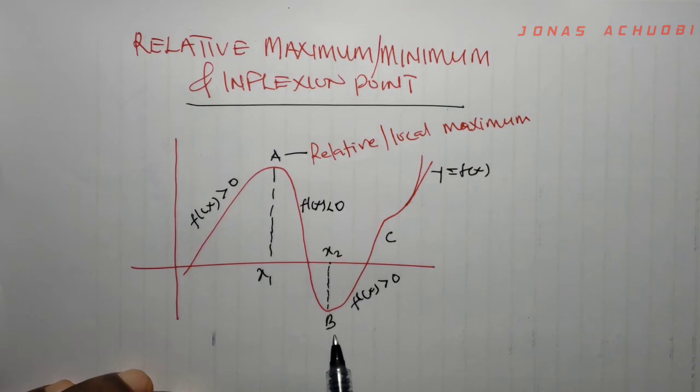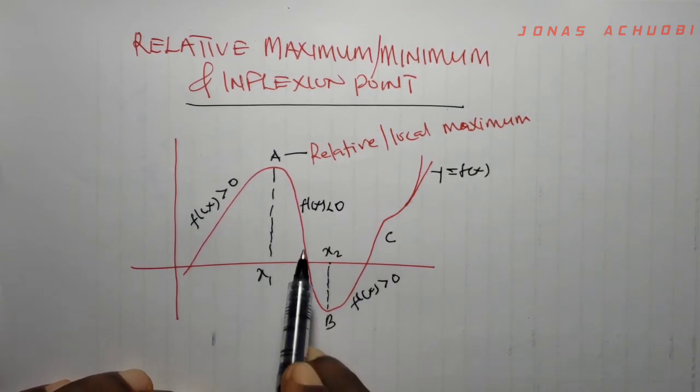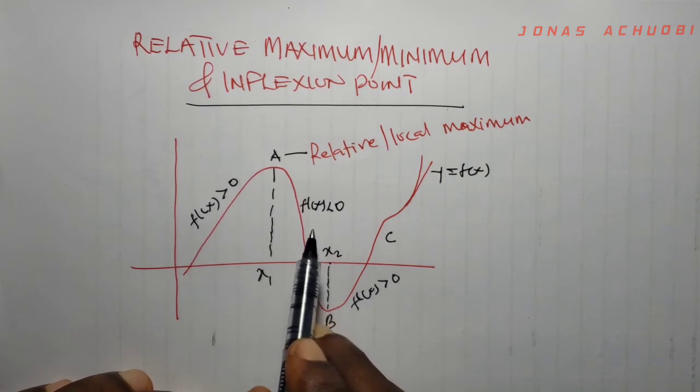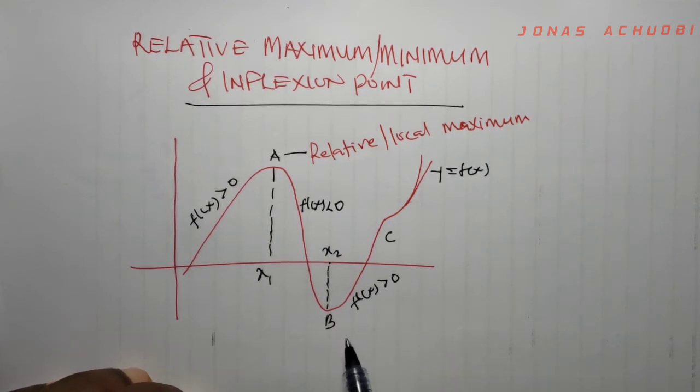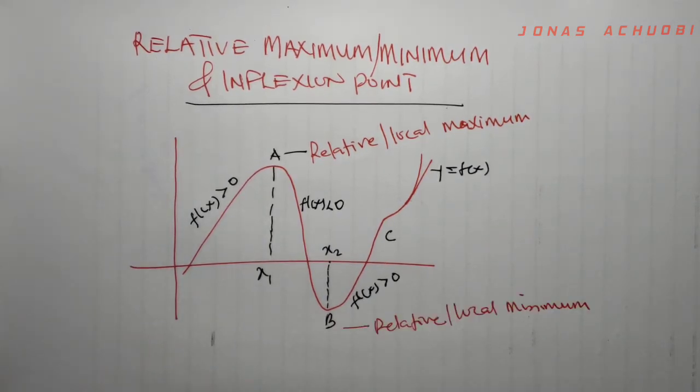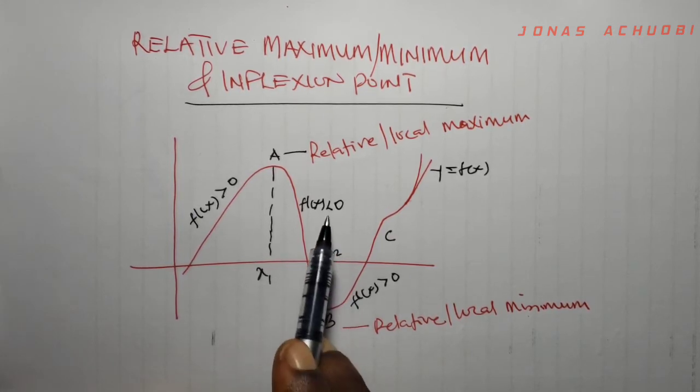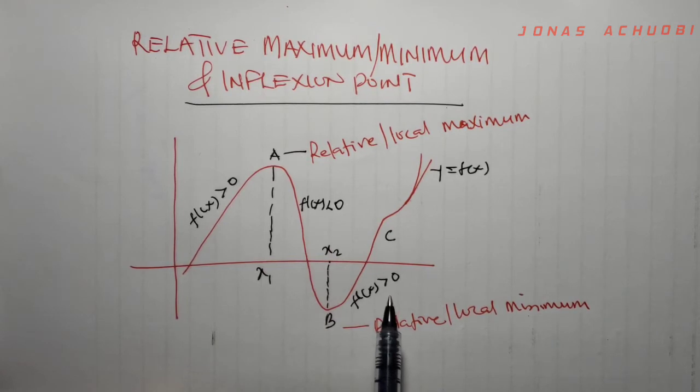We observe here again that at the critical point B, the slope to the left side of B is negative, and after B, the slope to the right side of B becomes what? Positive. This makes B a relative or local what? Minimum point. So we conclude that at a minimum point, there is a change of sign of the slope from negative to what? To positive.